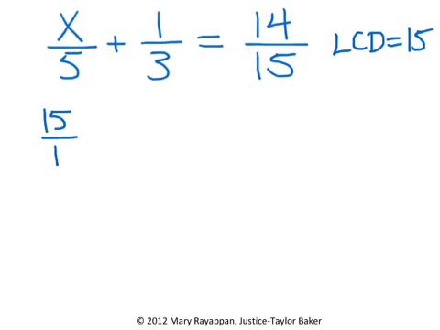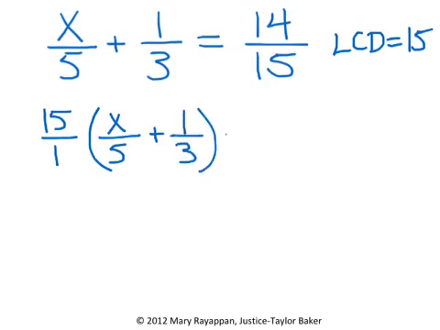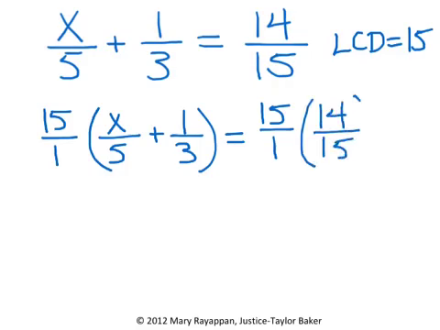So we want 15 over 1 times this first side of the equation, x over 5, plus 1 over 3. And that will be equal to 15 over 1 times this side of the equation, 14 over 15. Now we're going to multiply. You notice we have a number here outside the parentheses, so we need to distribute.